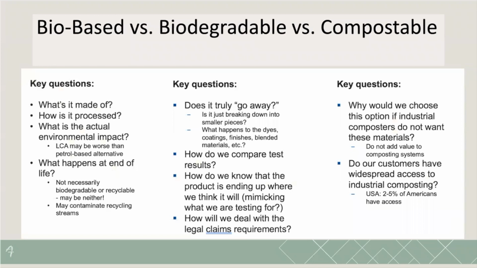So there are some key questions to ask with all of these. Around bio-based, the key questions are, what is the material made of and how is it processed? Going back to the bamboo example, yes, bamboo is a bio-based material.